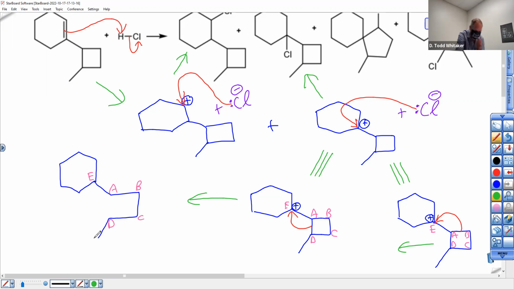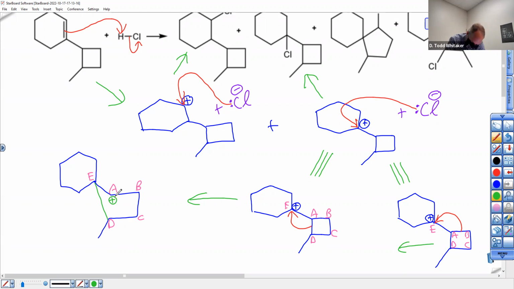What atom is D bonded to now? I need a letter. E, yeah. And the cation is on the atom that lost a bond and didn't replace it, A. I like picking A for the new cation, don't I?